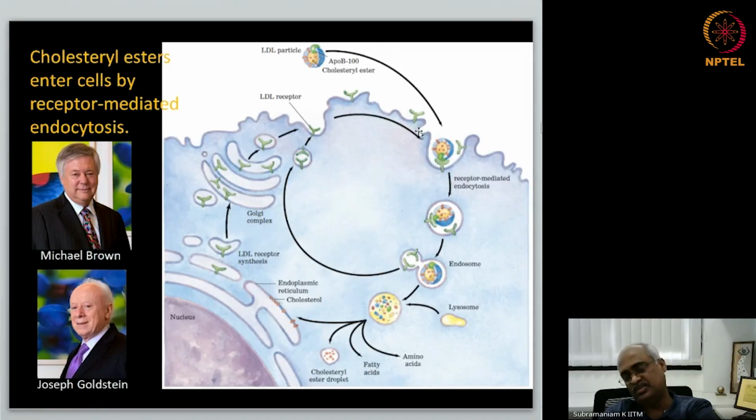Endocytosis, in simple terms, is internal invagination of the plasma membrane like this, forming a pit, and then finally these ends will join and it gets pinched off.